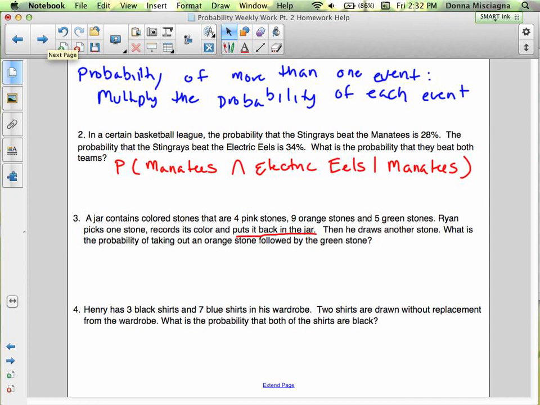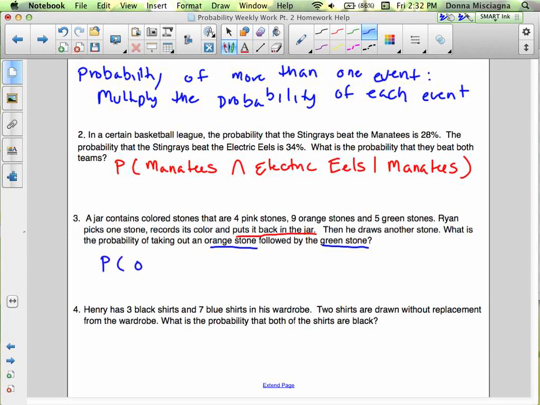So notice this is 2 events again. Beating 2 teams is 2 events. Orange stone and then a green stone is 2 events. So anytime it's 2 events, it's multiplication. So you want to find the probability for orange, and means to multiply.